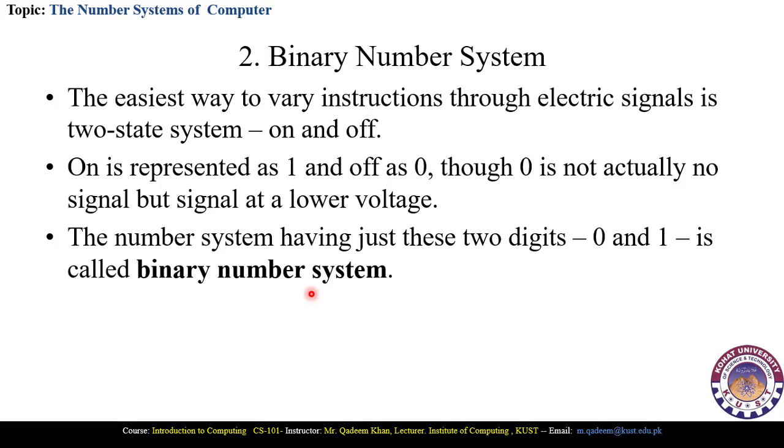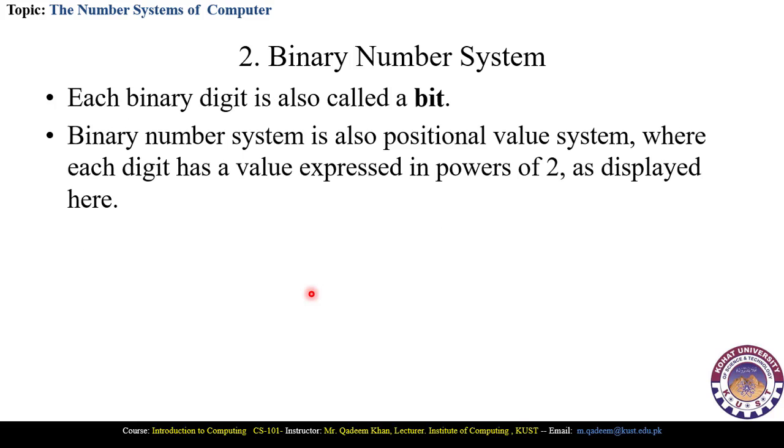When 1 is passed, the circuit is on, and when 0 is passed, the circuit is still on, but at a lower voltage. The binary number system is also called the bit number system, where a bit is the lowest memory representation of the computer system.